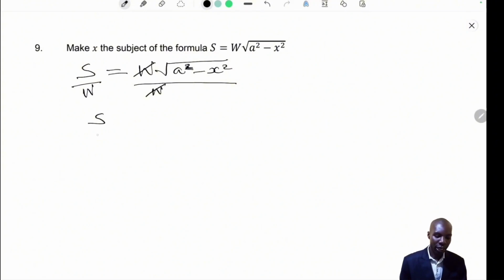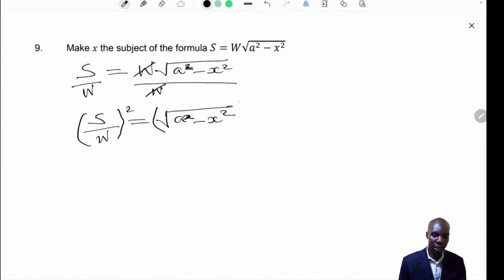We'll have s over w equal to square root of a squared minus x squared. If we square both sides, we are going to do away with the square root on the right-hand side. So we'll have s squared over w squared giving us a squared minus x squared.